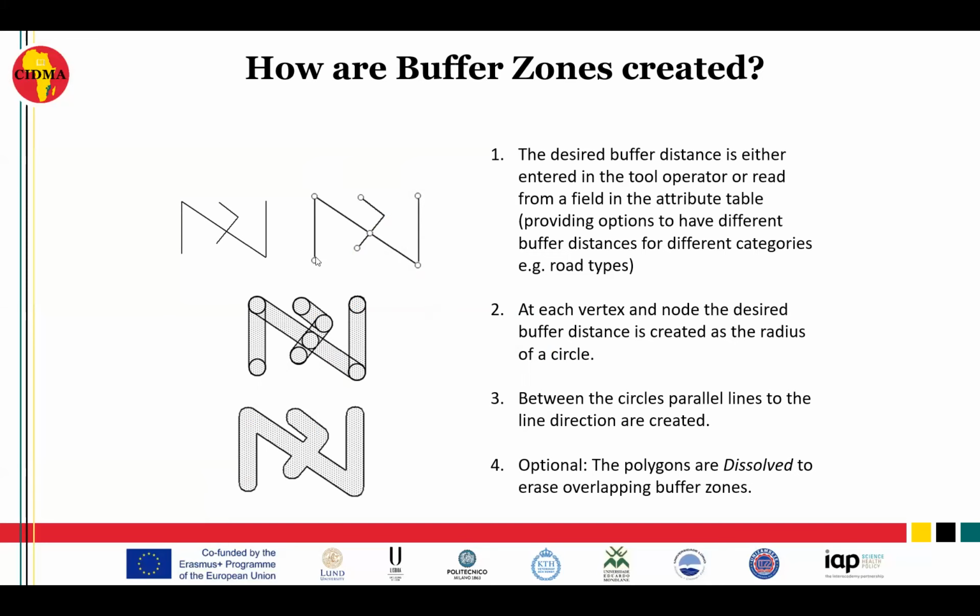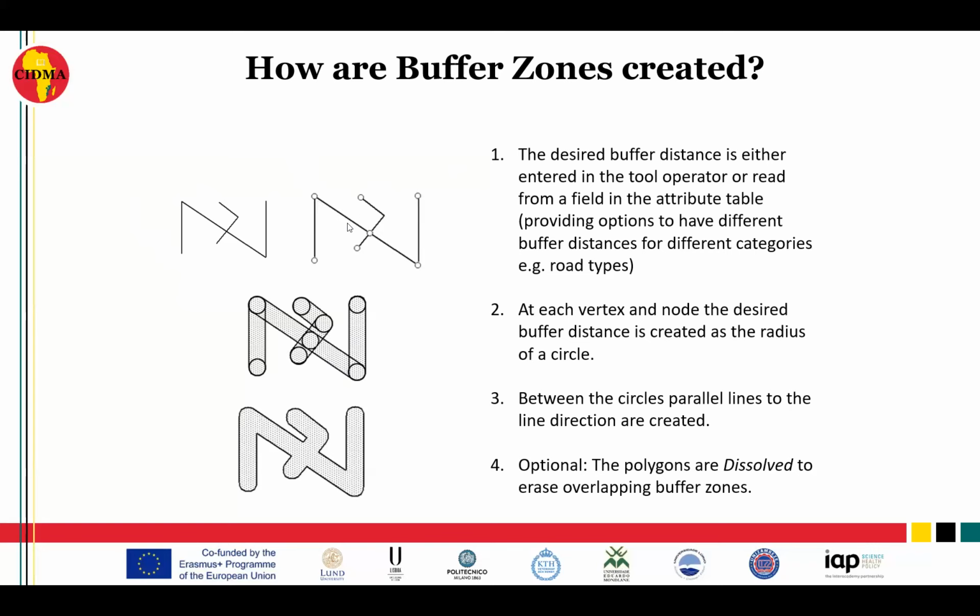So what's done is, here are the nodes or the breakpoints of this feature, and these are seen as point features. So a round buffer will be created here at each vertex and node. And then it will create parallel lines for the part between the breakpoints.